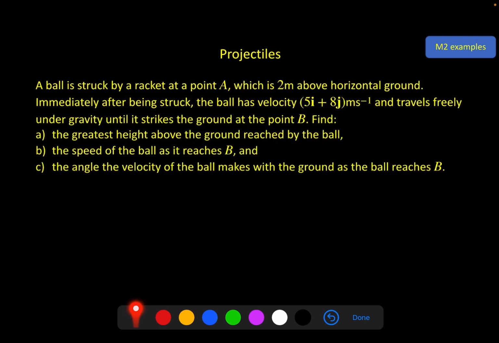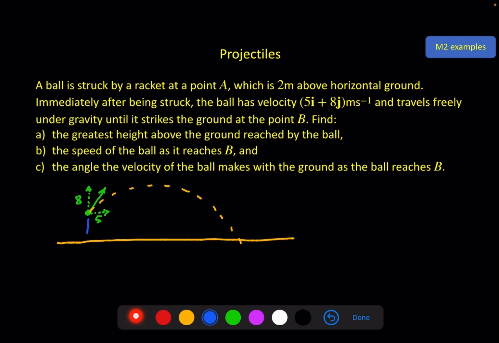One final example. A ball is struck by a racket at a point A, which is 2 meters above horizontal ground. Immediately after being struck, the ball has velocity 5i plus 8j, and travels freely under gravity until it strikes the ground at a point B. Quickly showing what this is, we've got a point here that's being struck with 5i and 8j, traveling freely under gravity, so it's parabolic, and it's coming down below the point it was struck because this is 2 meters above the ground.